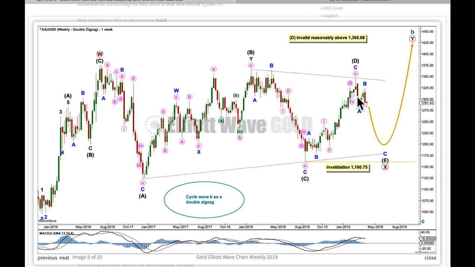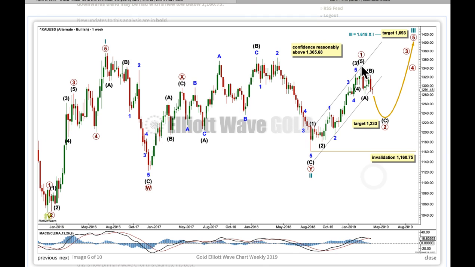Exactly the same as A, B, C. And so the subdivisions at lower time frames are seen in exactly the same way, 5, 3, 5. So a daily chart for this wave count would see 5, 3 and an incomplete 5 unfolding lower. It would be labelled minor waves A, B, C.